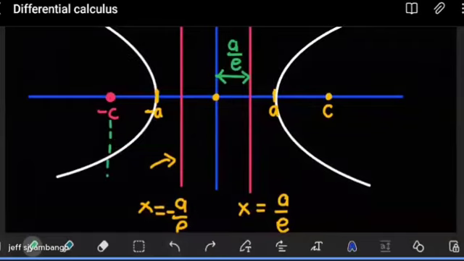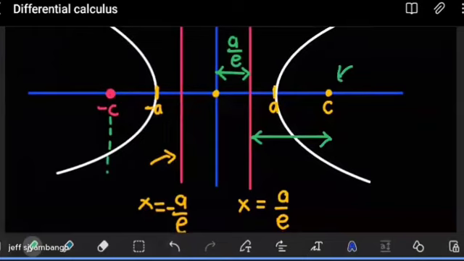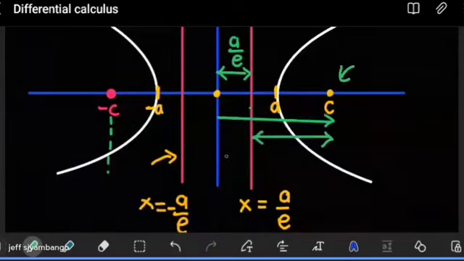What do I mean? Let me use the positive one. The distance from this directrix up to the focus here. To get this distance, since c is the bigger one and where the directrix is, is the smaller one, from the center to the far end is c, and from the center up to the directrix is a over e.